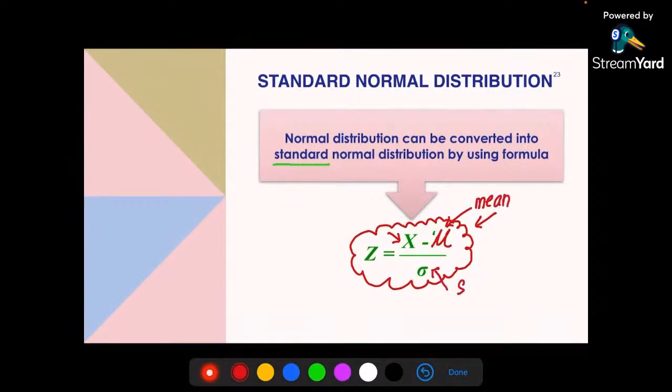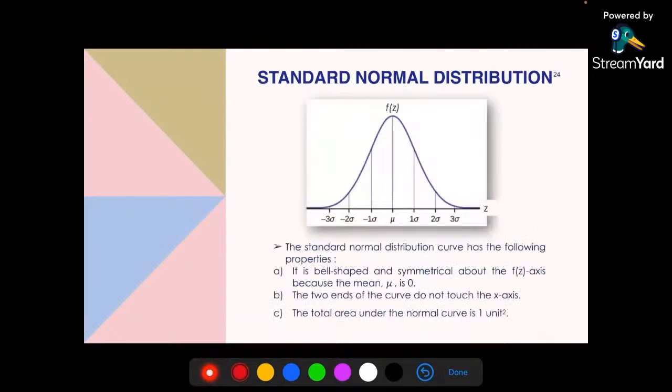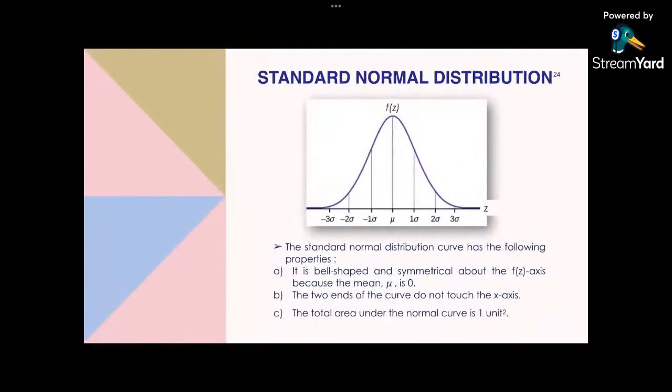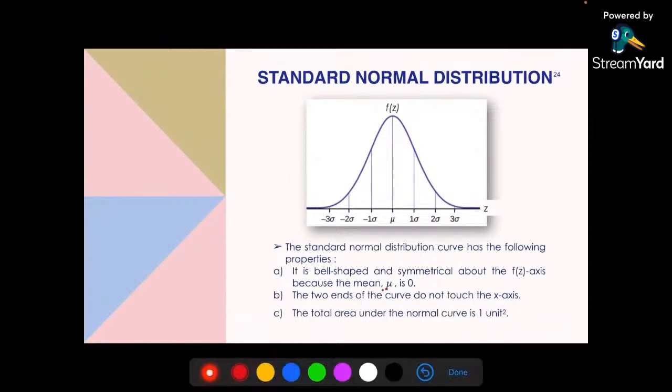Okay, we go to the contoh. Oh, yang ni karakteristik dia sama je. Like before, kan? Karakteristik dia sama, cuma the beza is mean dia. Mean dia adalah dia jadi zero. Okay, mean will be zero.